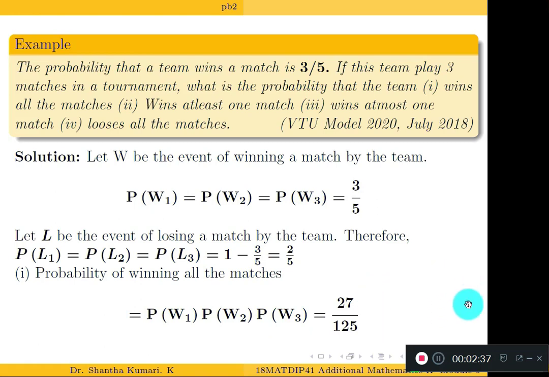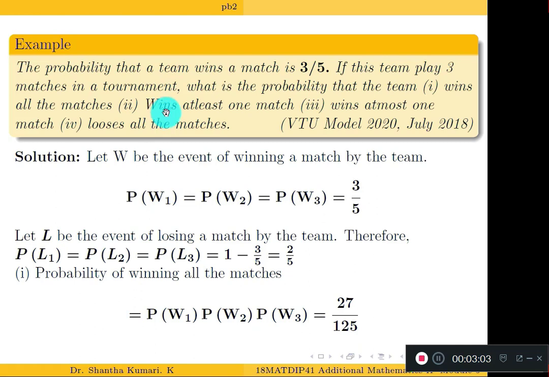You can write the reason at the side: because of independence between the events. So multiply these 3 probabilities. So 3 by 5 into 3 by 5 into 3 by 5. You can write the steps and then calculate. You get 27 by 125. So winning all the matches, probability is 27 by 125.